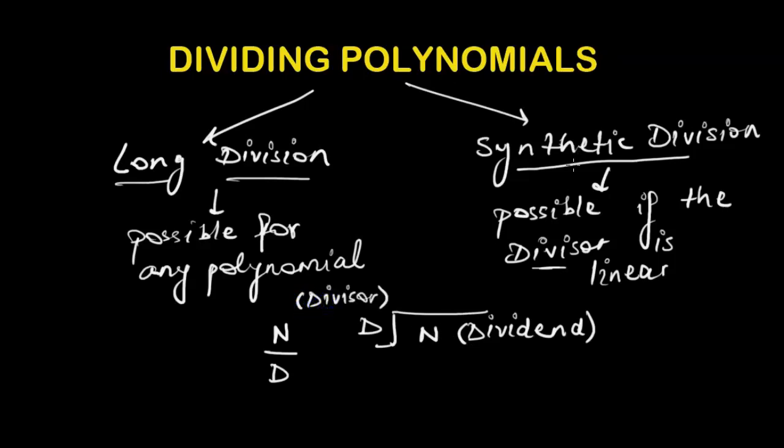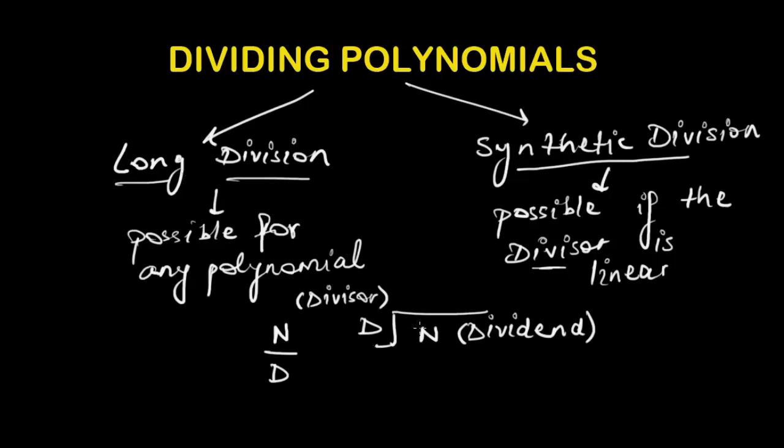So when we say that in synthetic division the divisor has to be linear, that means the denominator we are dividing by should be a degree 1 polynomial. For any other degree, we cannot use synthetic division, and we are left with long division.